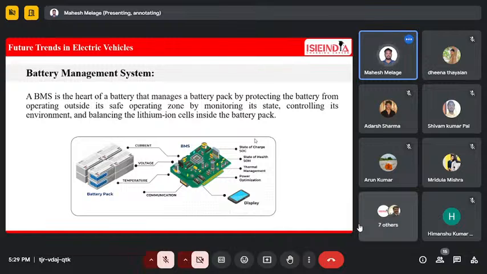Nowadays, you can see electric vehicles or batteries can burn. The main fault in this firing, or any failure of the electric vehicle, is the battery management system, because a chemical reaction happens in a battery.